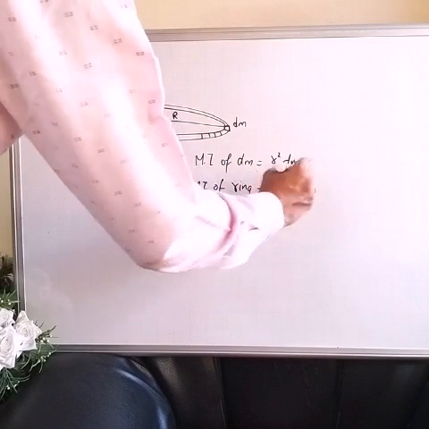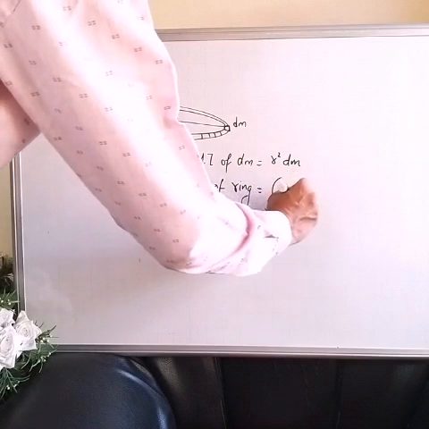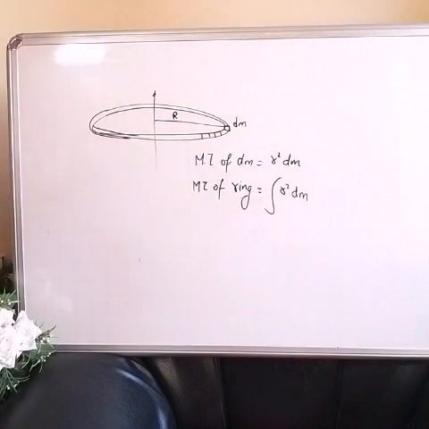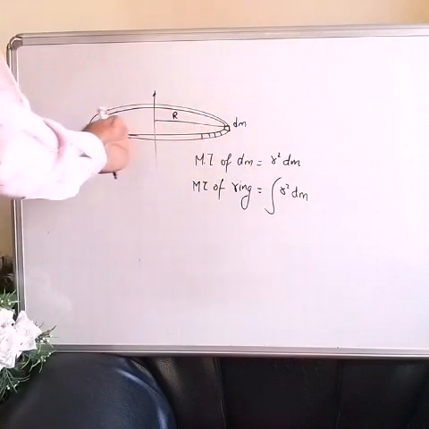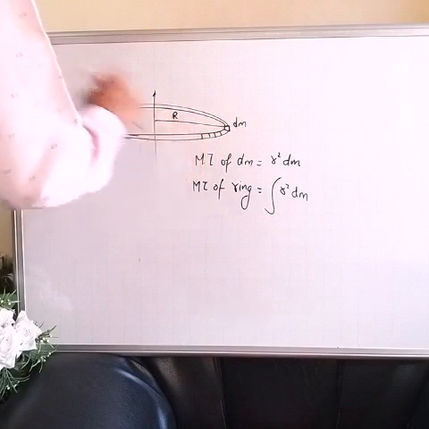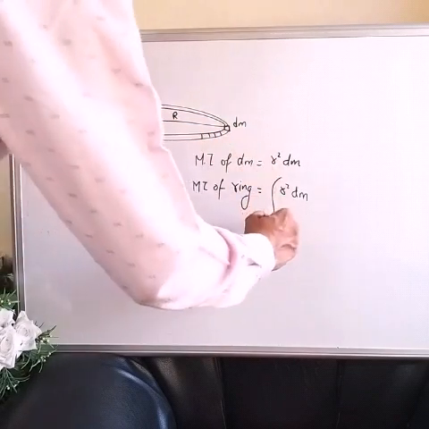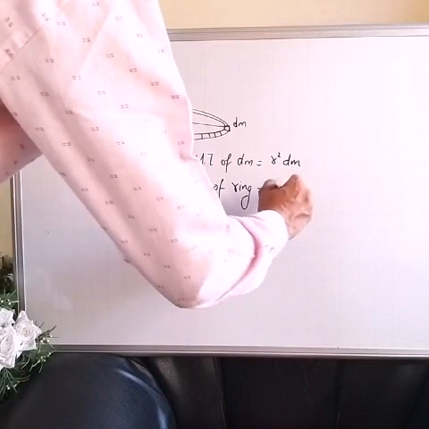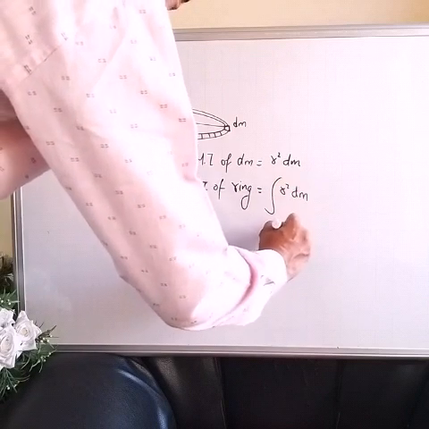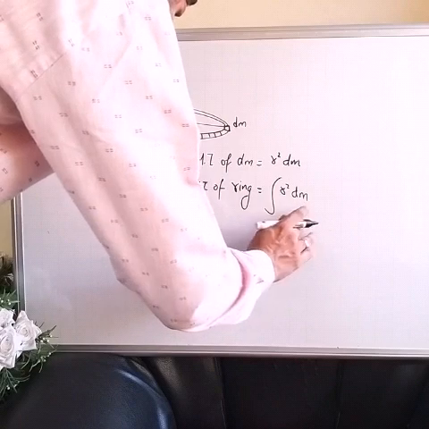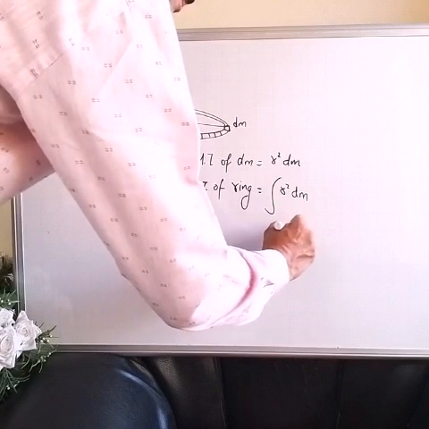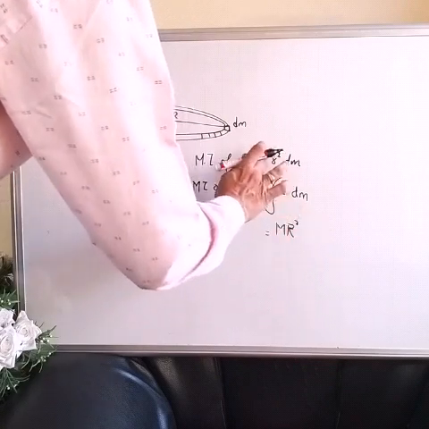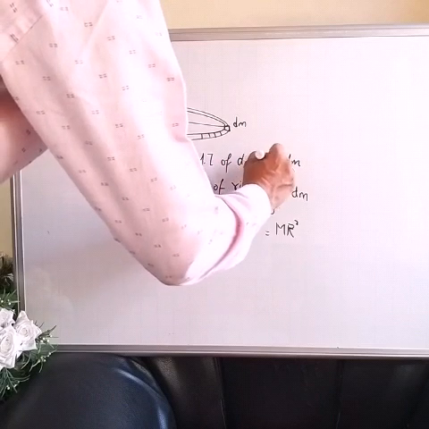Similarly, if anyone asks me to find the moment of inertia of the complete ring, what will I do? I will integrate r square dm. Why do we integrate? Because I will add all the moments of inertia due to all the small elements. Integration of r square dm gives M R square. Actually, I should take capital R here, so don't get confused.